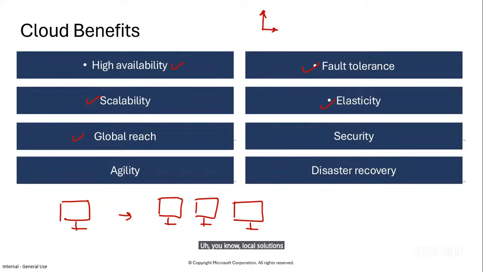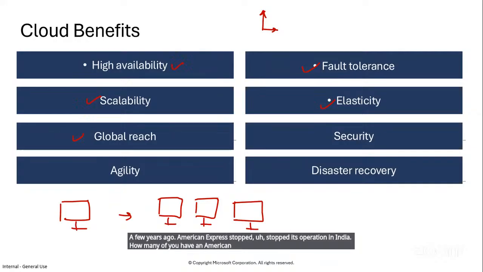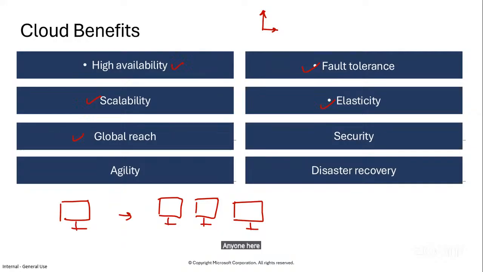Local as in, if you would remember, a few years ago, American Express stopped its operation in India. How many of you have an American Express card? Anyone here who has an American Express card? No one? All right.